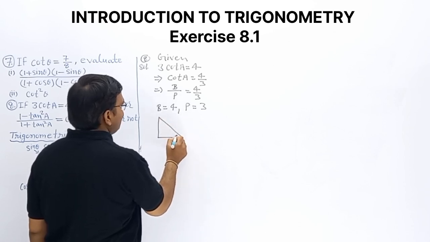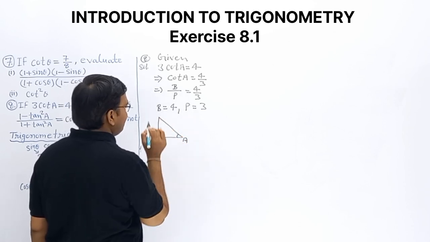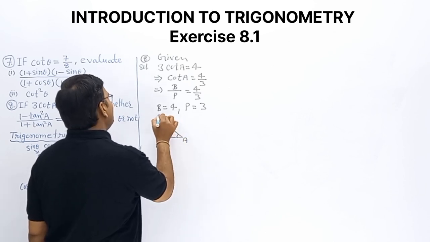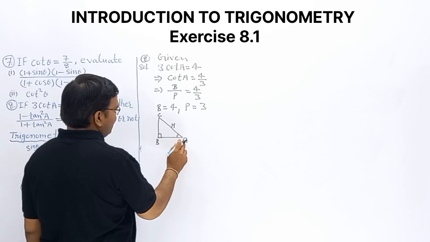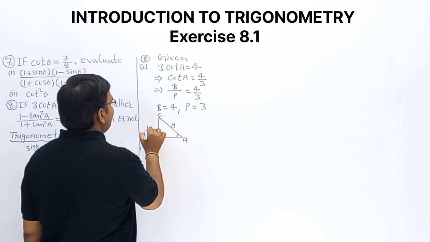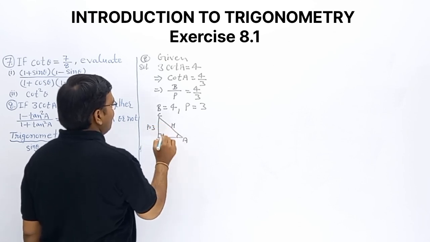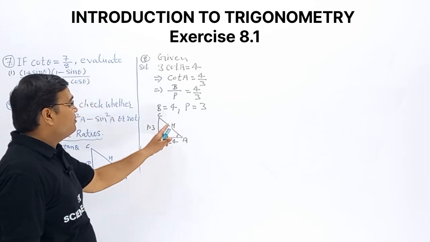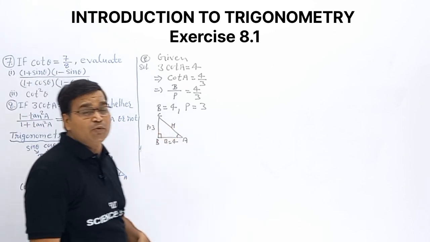B is 90 degree, A is an acute angle, its opposite will be hypotenuse, and this is C. Its opposite will be perpendicular and it is equal to 3 units, and base is 4 units. Clear?